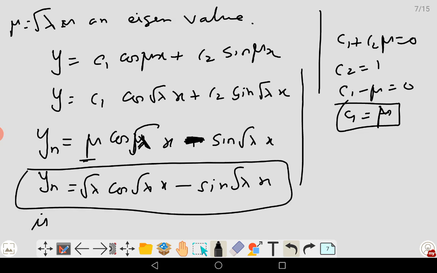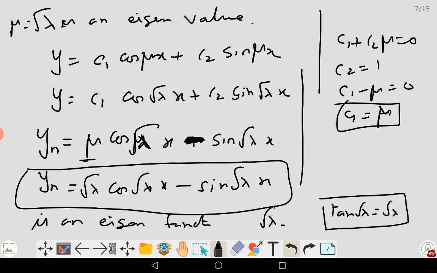This is an eigenfunction for which the eigenvalues are root lambda, satisfying the condition tan root lambda equal to root lambda. Any value of root lambda satisfying this equation is an eigenvalue for which we will find an eigenfunction in this form. Thus the end of this problem.